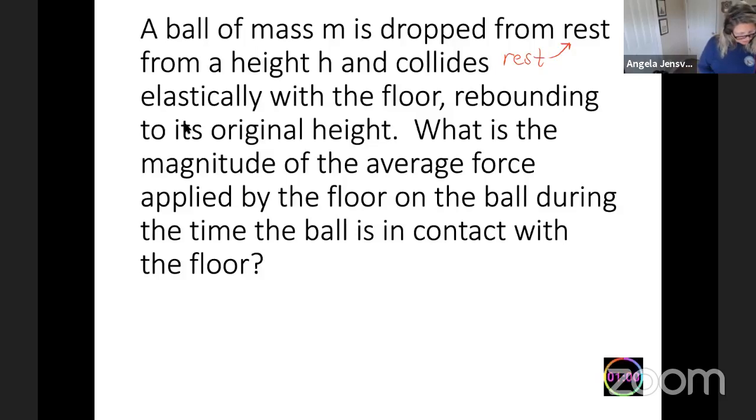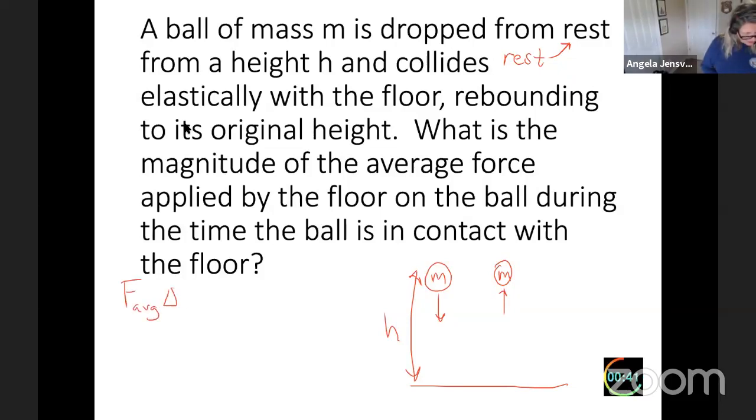Okay, so you've got a ball of mass m that drops from a height h, and then it goes right back up to the same height h on the way up. What is the average force? Well, we know average force times the time over which the force is exerted is equal to the change in momentum, which is m delta v.